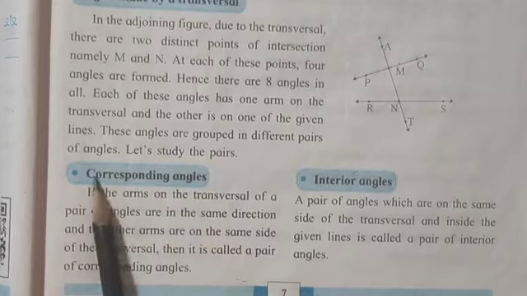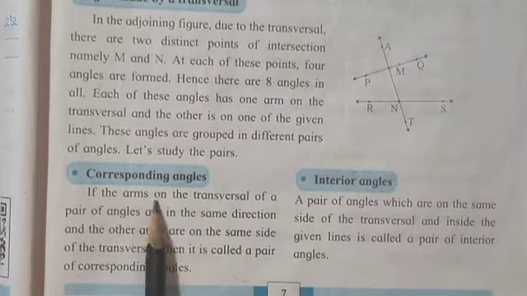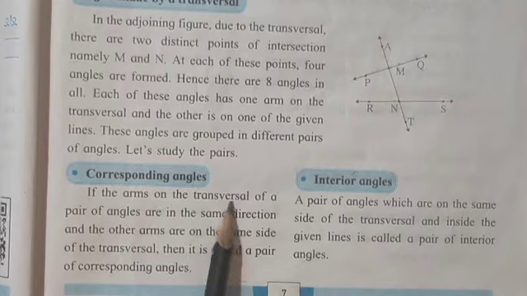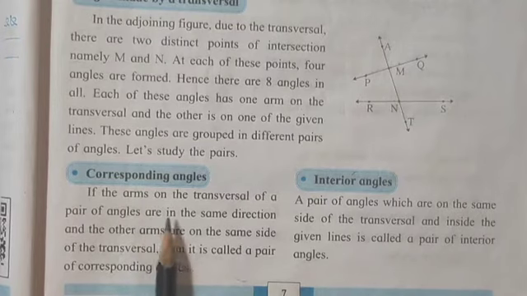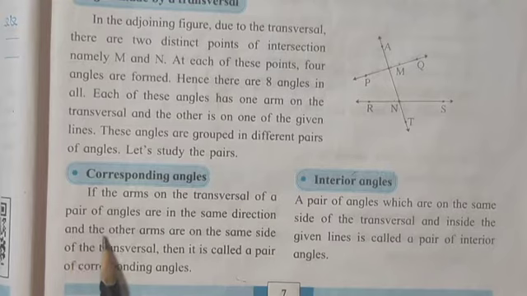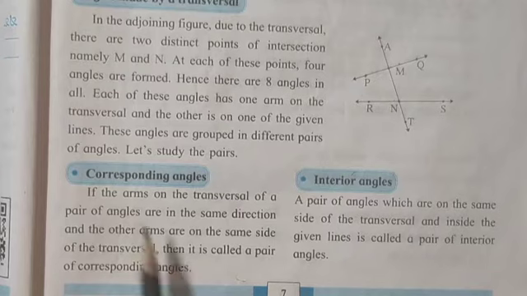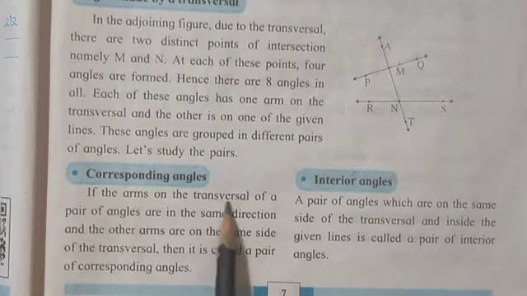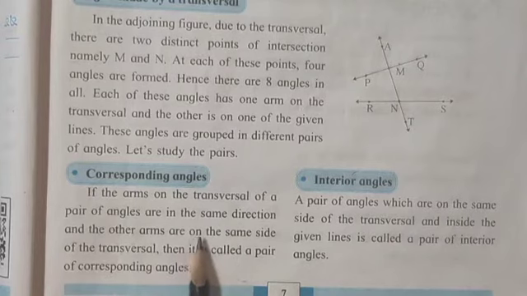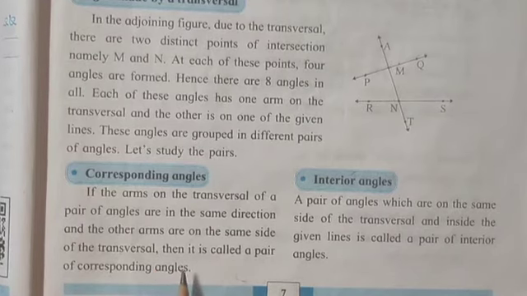Corresponding angles. What are corresponding angles? If the arms on the transversal of a pair of angles are in the same direction and the other arms are on the same side of the transversal, then it is called a pair of corresponding angles.